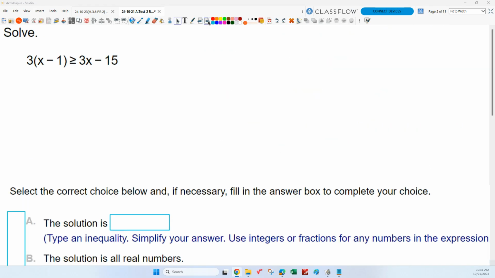Actually, we got another inequality to solve. So what about this one? What are we going to do here? We got to distribute first. We got to simplify first. Good. So we'll distribute the 3 and get 3x minus 3 is greater than or equal to 3x minus 15. What's next?